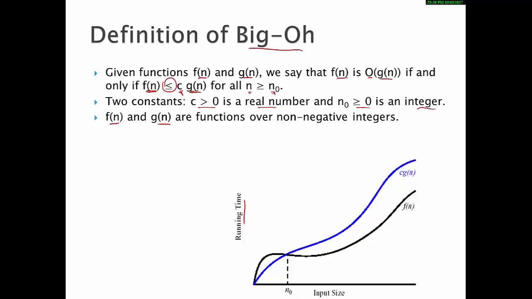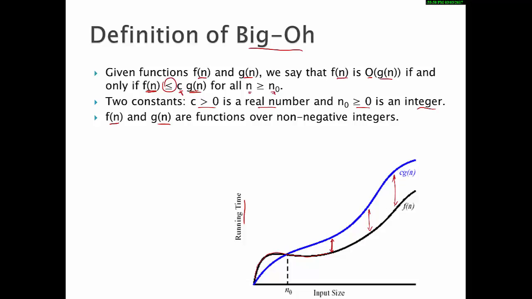Now, if we were going to look at this graphically, here's my function f of n. And what I see here is that f of n is less than this multiple of g of n, so there's some space between them. Maybe not all the time.